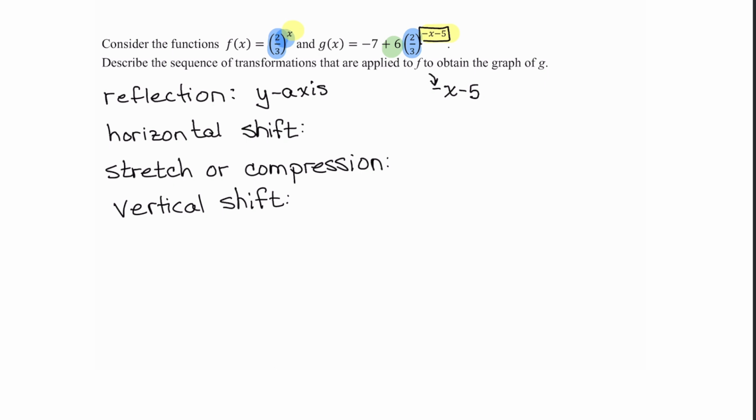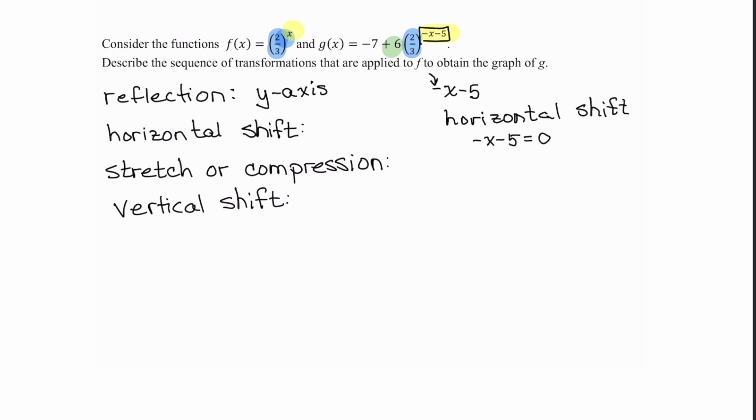Now the next thing is the horizontal shift. When we have that negative applied to the term, it's a little bit trickier to identify the horizontal shift when it also has a constant term associated with it. There's a couple ways to do that. So for the horizontal shift, when I have a two-term expression that's been plugged in for the x, as well as a coefficient in front of the x, one of the ways is to take that expression and set it equal to 0 and then solve for x.